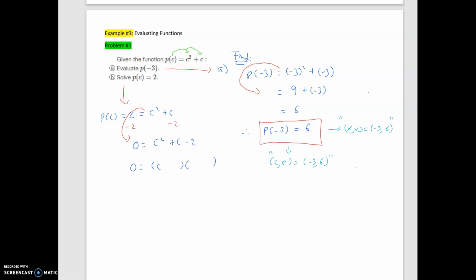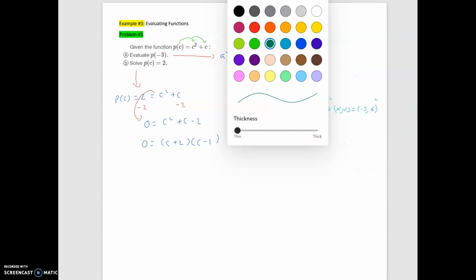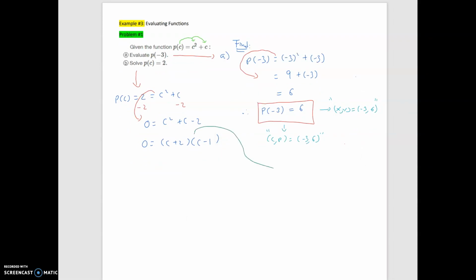So you could say that this is c and c, and then the factors are going to be plus 2 and minus 1. Let me just check these on the side. If we were to do the FOIL, this is c plus 2 times c minus 1.